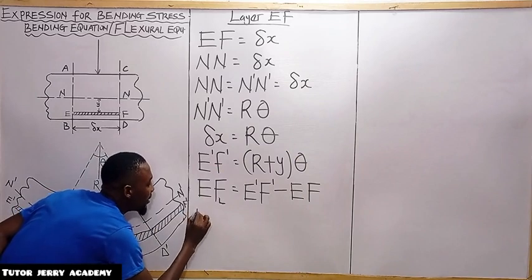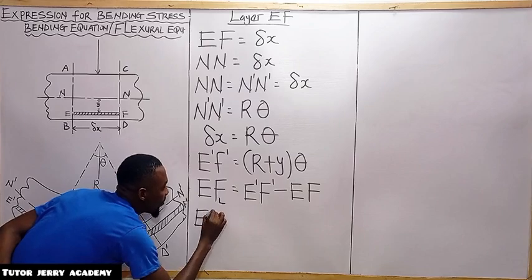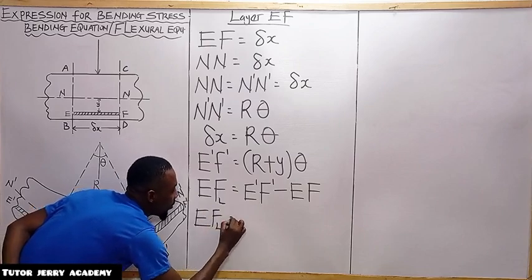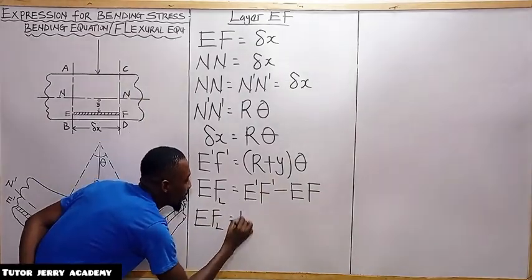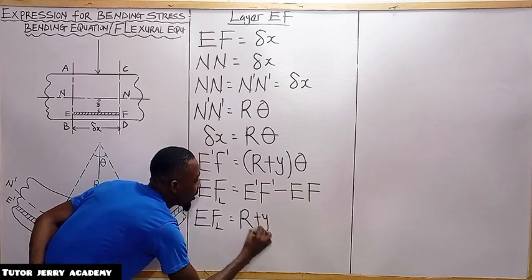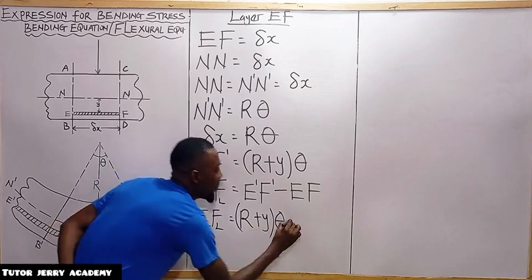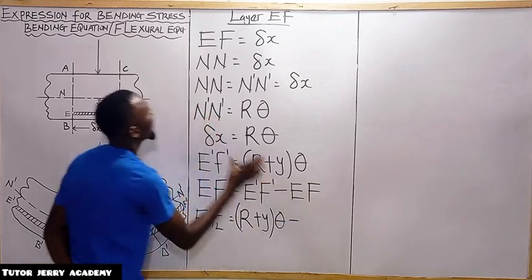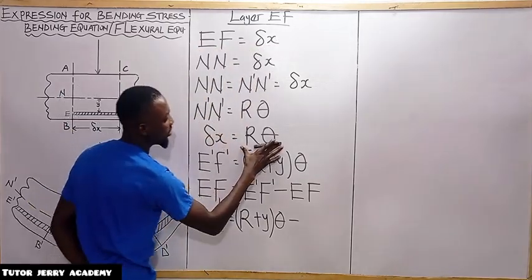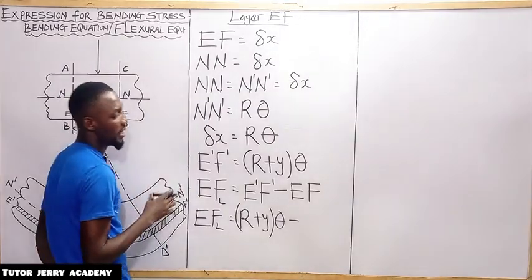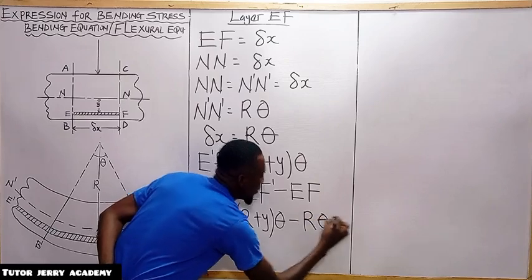So we can say that the increase in length in EF will be equal to E prime F prime, which is what? R plus Y into theta minus our EF. Our EF is what? DS. But DS is equal to what? R theta. I hope we understand. So we can put R theta here. All right.